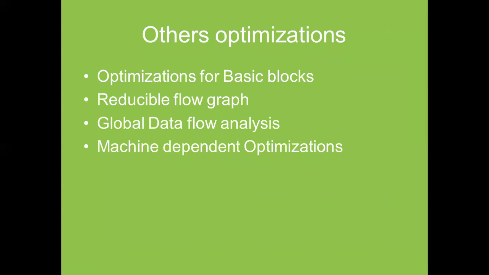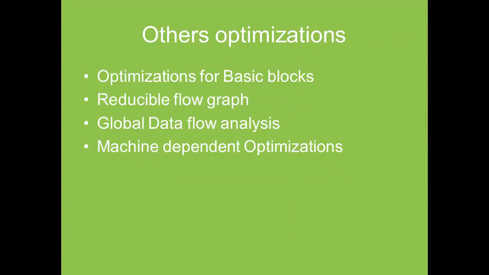Here we are going to define the various optimization techniques: how you can do optimization for basic blocks, reducible flow graph, where you can also reduce the flow graph, global data flow analysis, or machine dependent optimization. So there are various techniques you can apply.